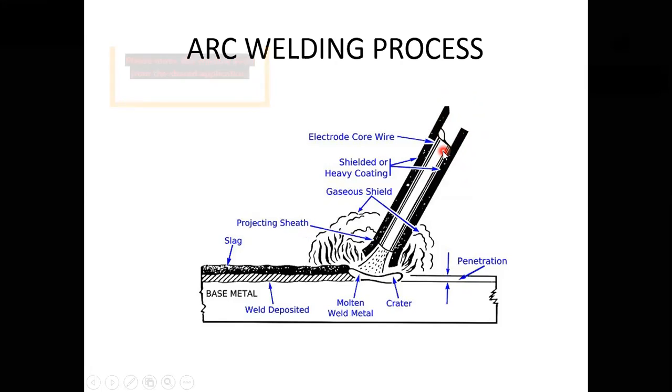The arc welding electrode has the composition of the base metal, and the electrode is covered with a coating. That coating is nothing but a flux. Already I explained the function of flux. Remember the function of flux; you can expect a question on this.